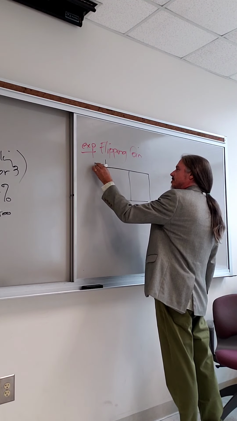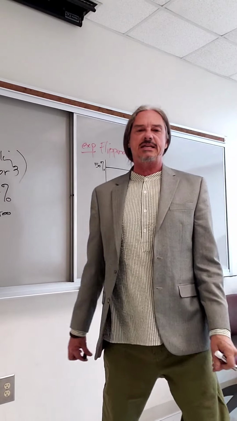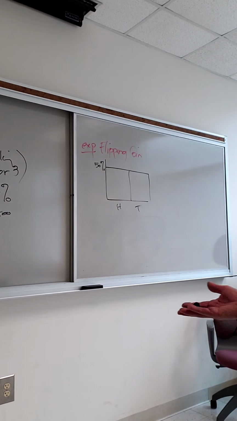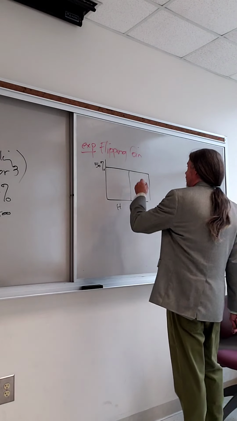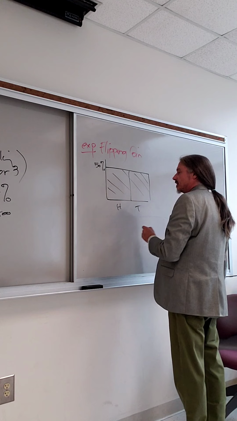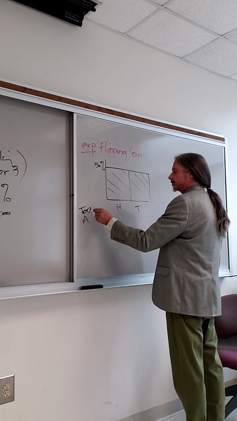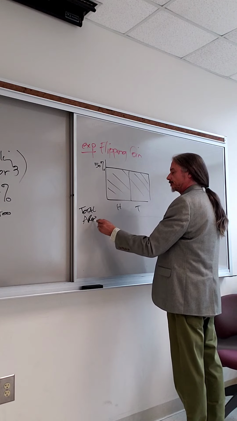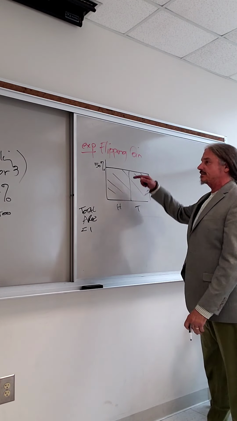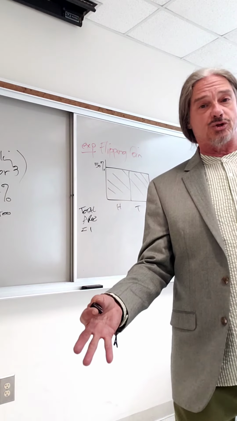And both of them on the frequency graph, if you can see that, would be 50% of the time. Again, the total area is 1, because it's another example of a uniform probability distribution.